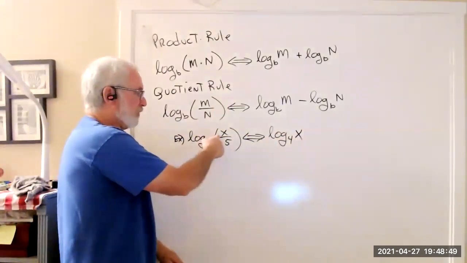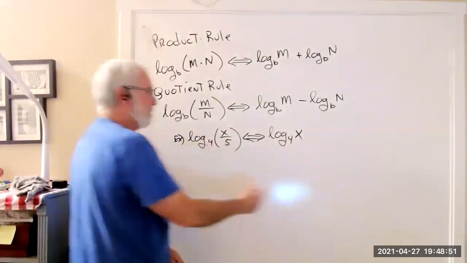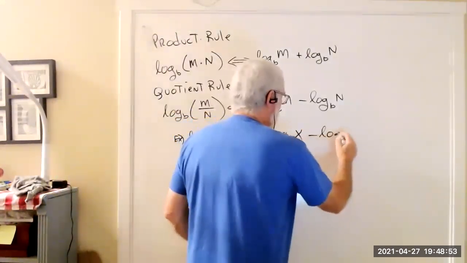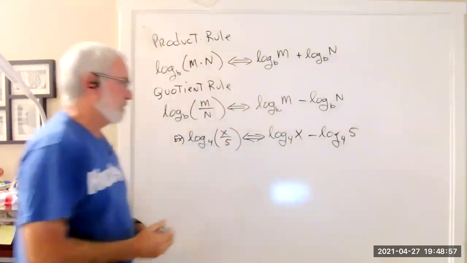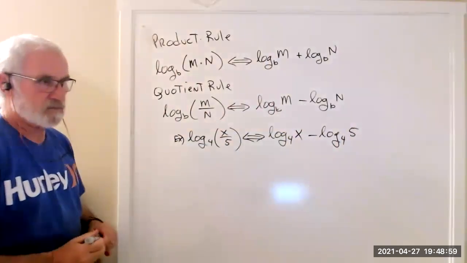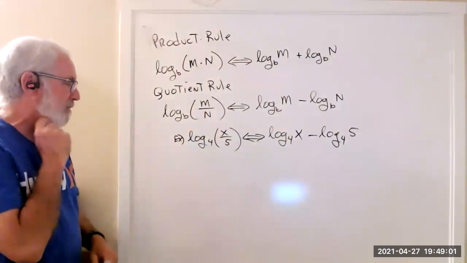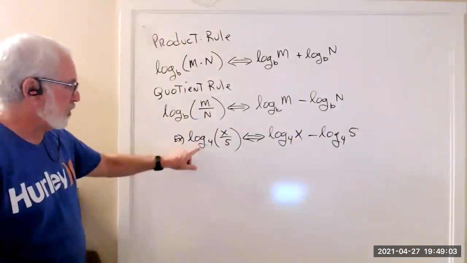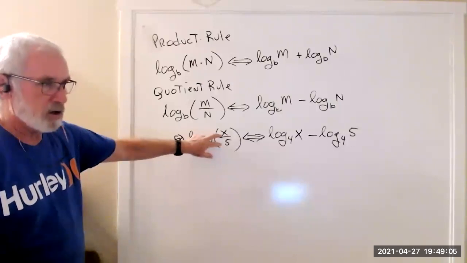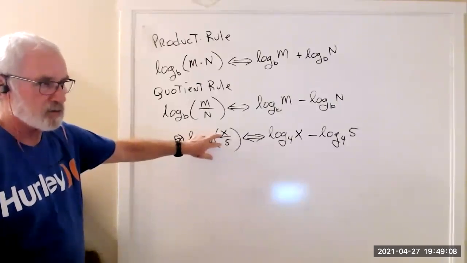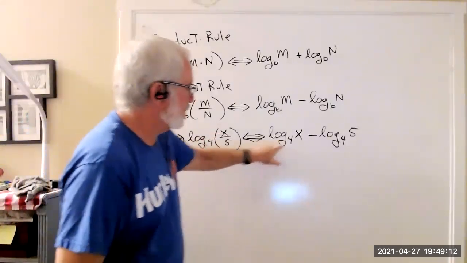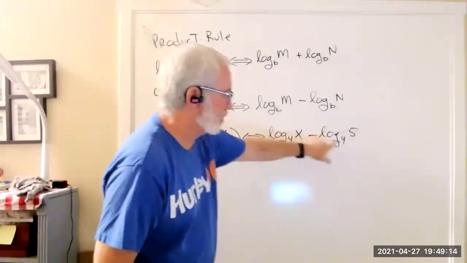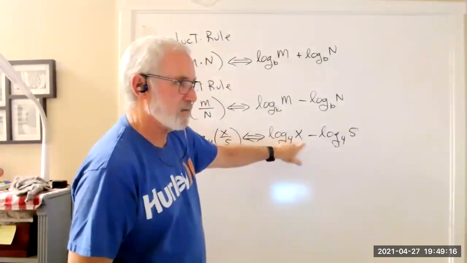So the top number comes first, the bottom number second, minus the log base 4 of 5. So the log of a single division problem can be separated into two separate logs that are subtracting.